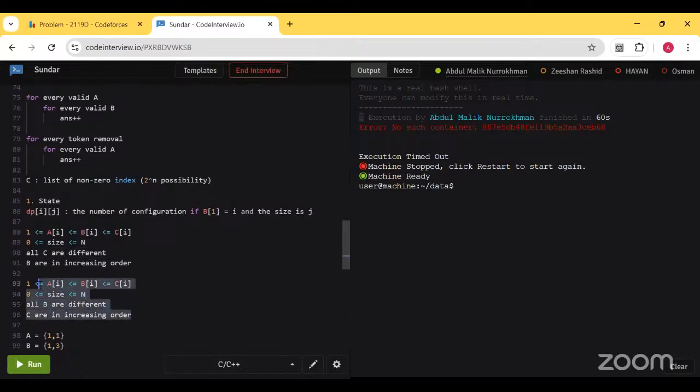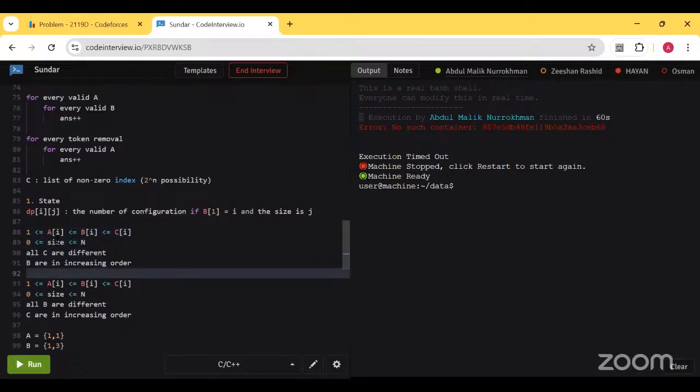For this case, we sort based on C, but if we sort based on B, it will become like this. Is it correct? Okay, I think it is hard to understand. Okay, then just believe me. The problem is equal to this.